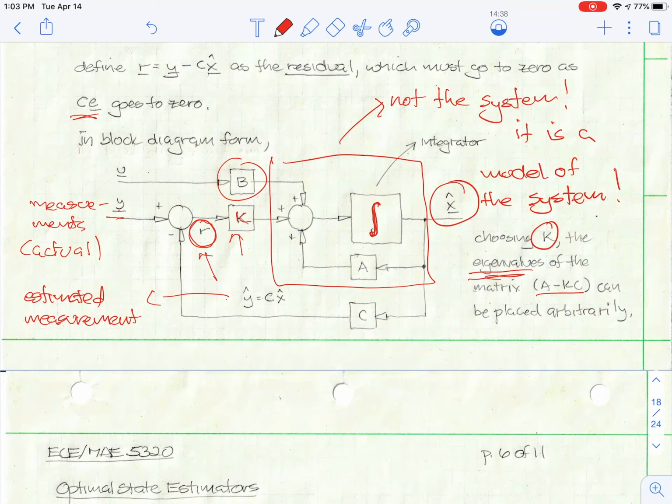The other thing about observers is this is a model of the system. And one of the reasons we add feedback to a system is to take care of things that we don't know in the model. Does the model move over time? Does the model have unmodeled dynamics that aren't included? Is the model nonlinear? All of those things are not incorporated in this.